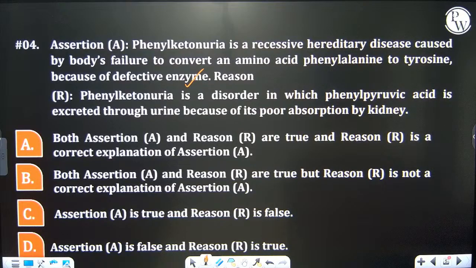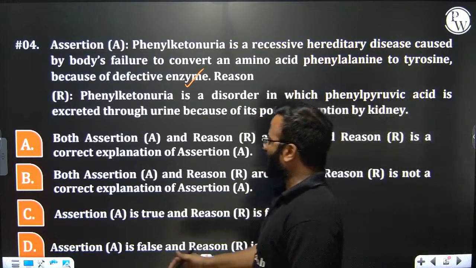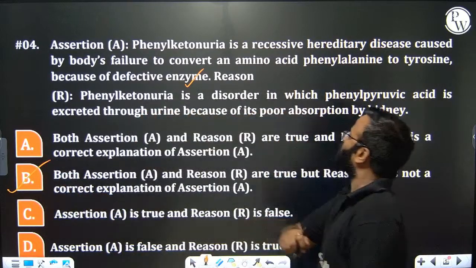Phenylketonuria is a disorder in which phenylpyruvic acid is excreted through urine because of its poor absorption by kidney. So it is not actually explaining. I would go with B as the answer.